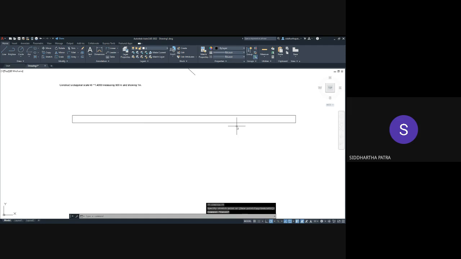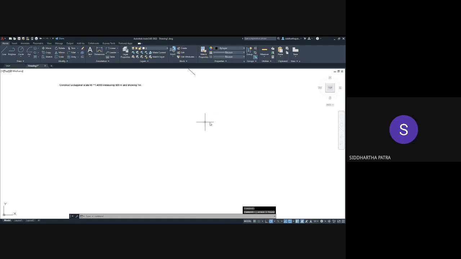No, it should not be this small. So in this direction, it should be 125. And in this direction, I'm taking it to be 20 millimeters.